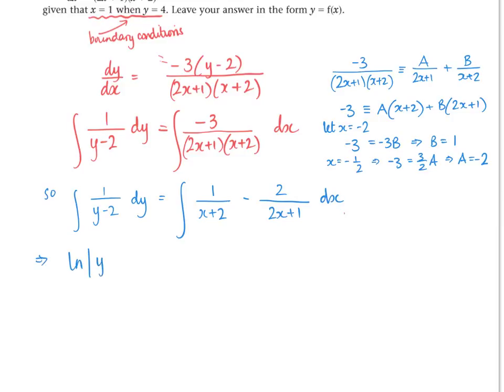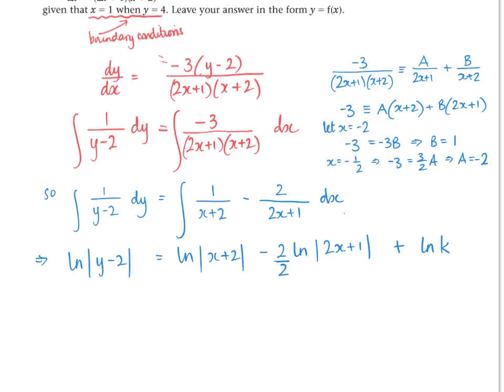So ln of y minus 2 is equal to ln of x plus 2 minus 2 ln of 2x plus 1, go back inside the bracket and divide through by 2, and then plus your constant of integration. And I'm actually going to change that into a natural log k so we can apply laws of logarithms.